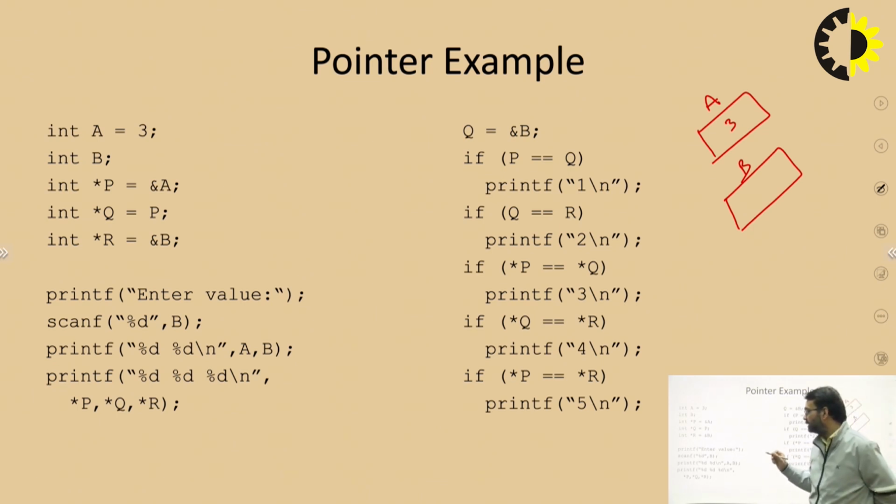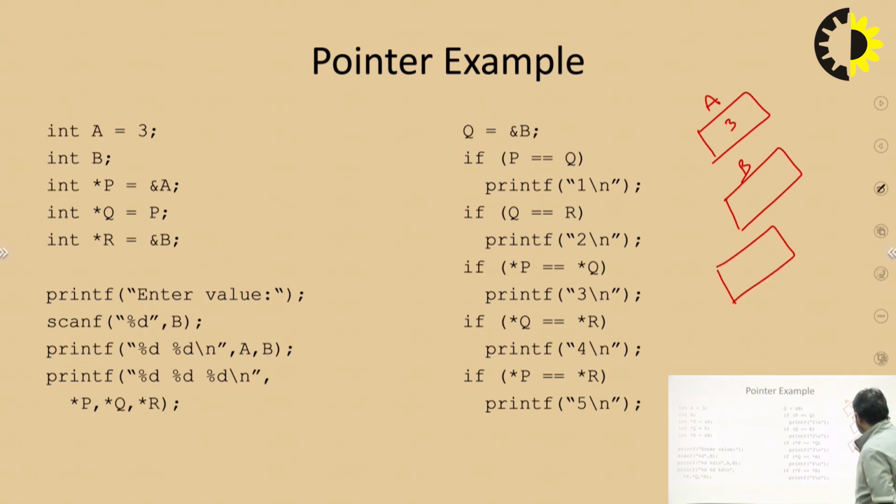Now we are declaring 3 integer type pointers p, q and r. The first one is p, second one is q, and third one is r. So we are creating 3 pointer type variables. In p, it consists the address of a.